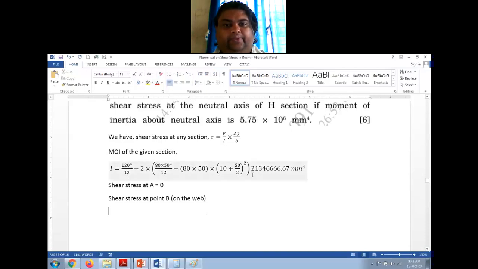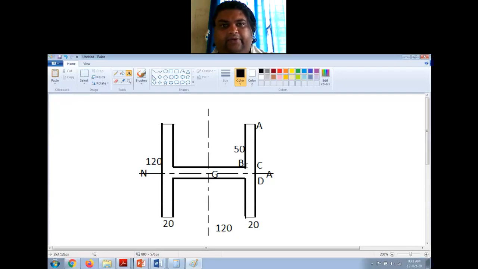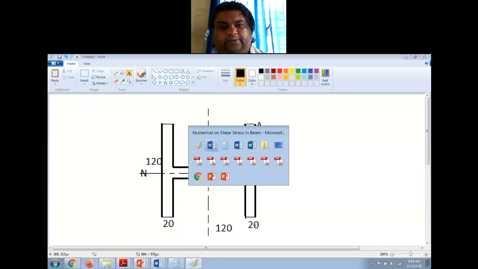Now here A y bar, see, A y bar is area about this line passing through B. Now I have two rectangles here, right? There is one rectangle here and another rectangle here. So I have to consider both the rectangles, and the height of this rectangle is 50, width is 20.